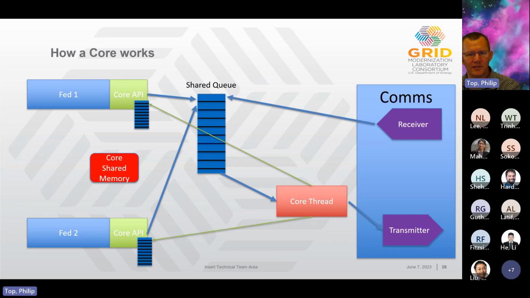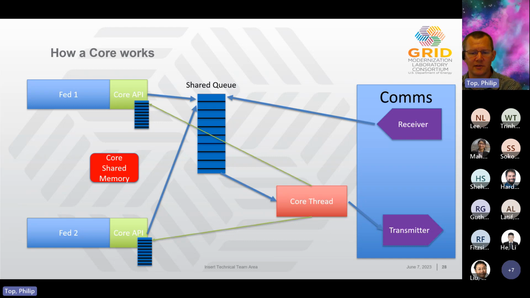The core thread is what is sending the data through the communications, and depending on which communication mechanism is used, there are either one or two threads used for communication, so that can be done asynchronously from the core thread itself. So the core thread will packetize the data and give it to the transmitter. The transmitter will then do whatever it needs to do to send along its selected communication path.